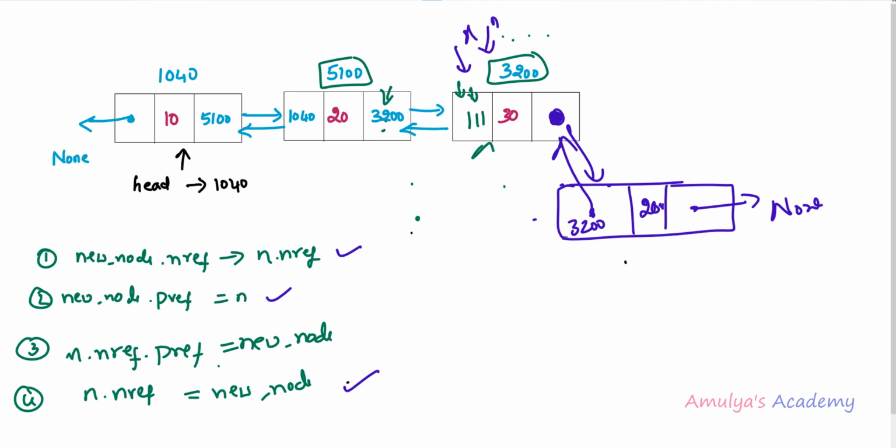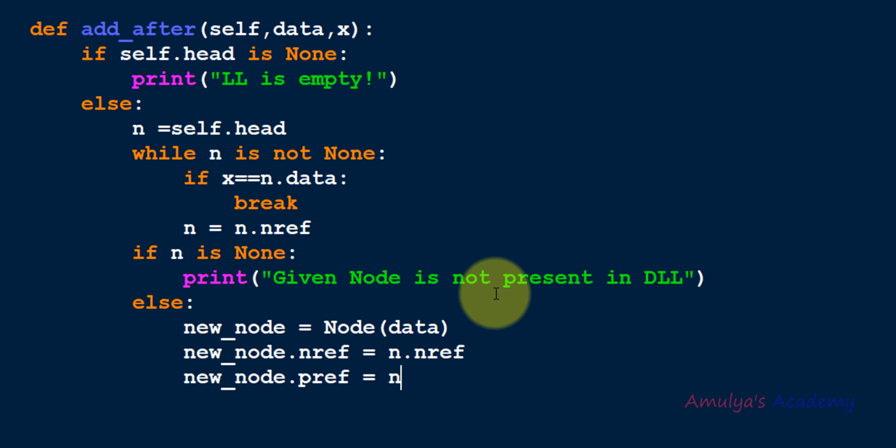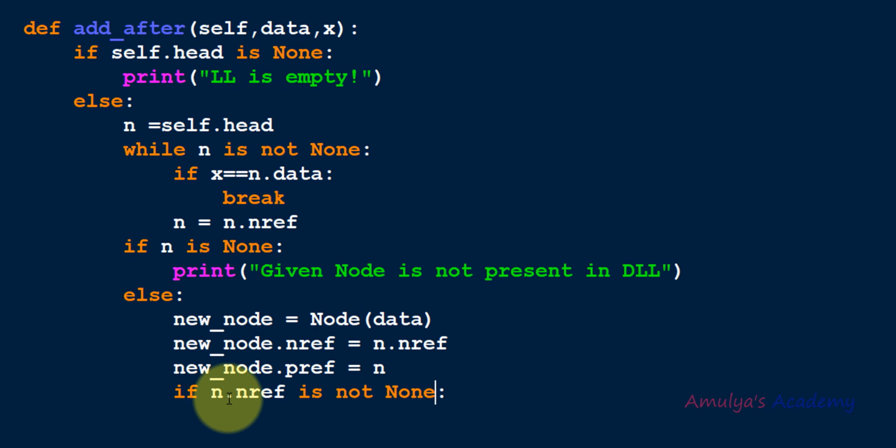To write this code, first I'll take these two lines. That is, new_node.nref is equal to n.nref, and new_node.pref equal to n. Next, here I'll take this condition: if n.nref is not None. That is because I'll check if we are inserting the given node after the rest of the nodes other than the last node.